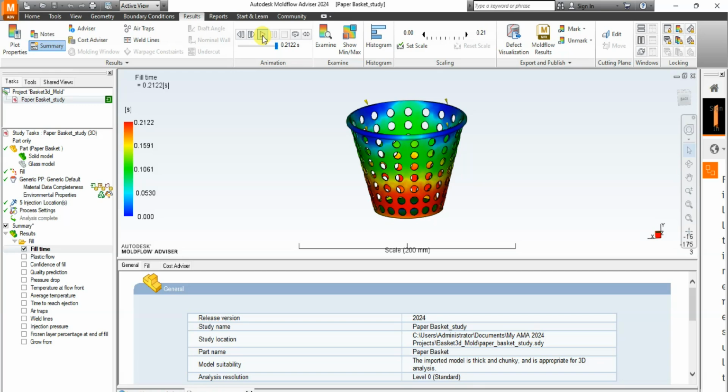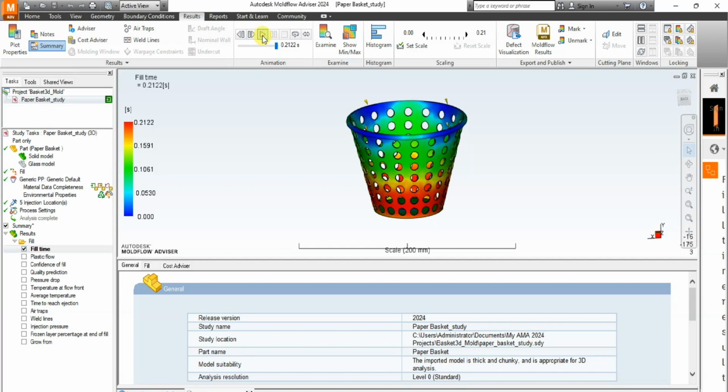Now we're still on the fill time results, so let's look at the weld lines. Weld lines are indicators of weakness or a visible flaw made when two or more flows meet and converge whilst filling a part.